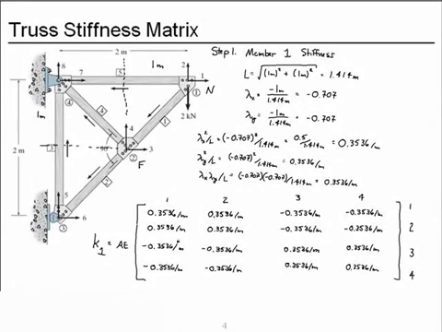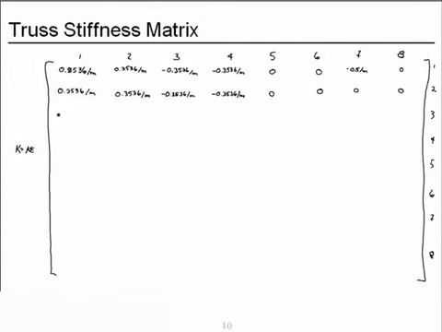So our structure stiffness pulls directly from the member stiffness here.